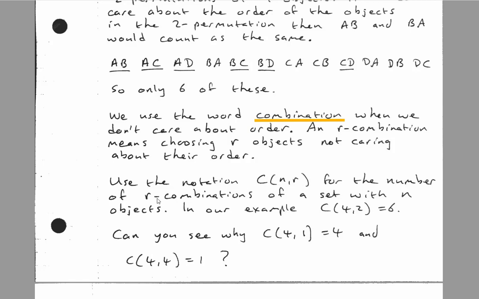That's the number of R combinations of a set with N objects. So C(4,2) equals 6. There are just 6 different 2 combinations of 4 objects.